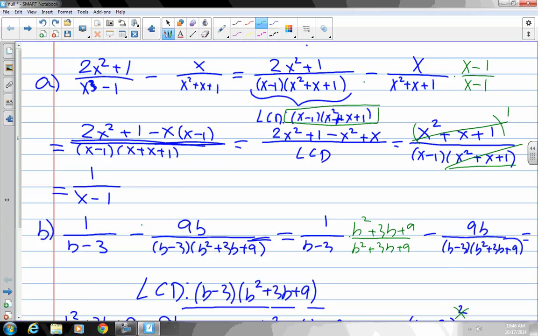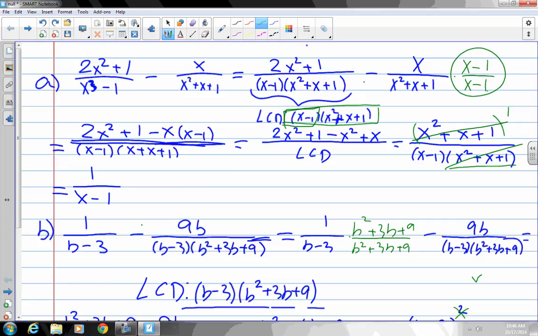So you multiply by whatever's missing. You compare this with the LCD, you see that it's missing the x minus 1, so multiply by x minus 1. That same concept just carries on. You find the LCD, and then you multiply by the terms that are missing when you compare your original denominator with the LCD.